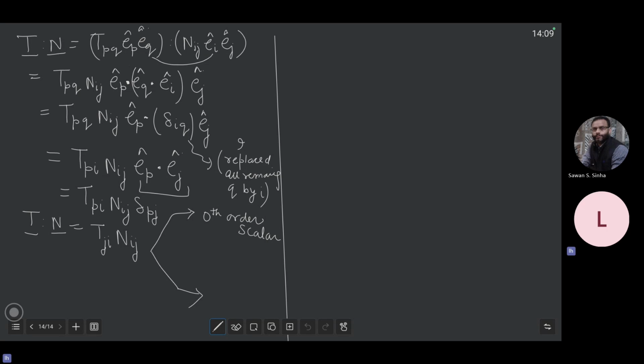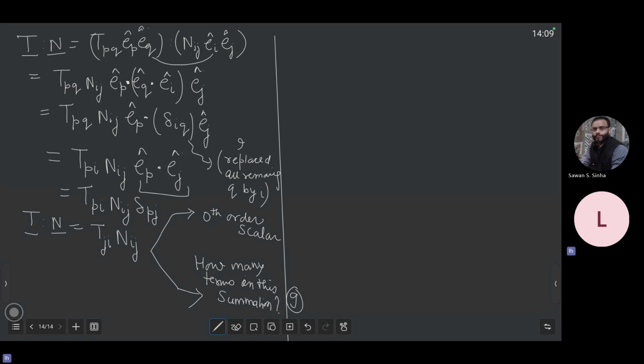The other question, how many terms are here? This summation, how many terms are in this summation? Answer is 9. I hope everybody is clear about this. If not, then please ask.